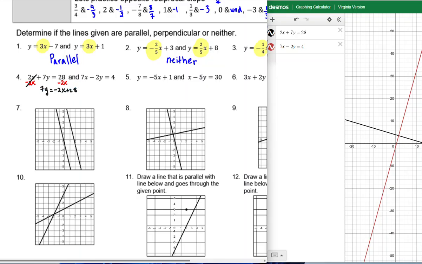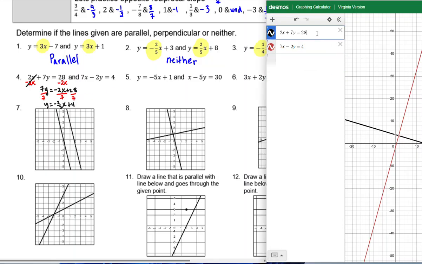And then divide by 7, divide by 7. So I have y equals negative 2 over 7x, and then 28 divided by 7 is 4, plus 4, okay?